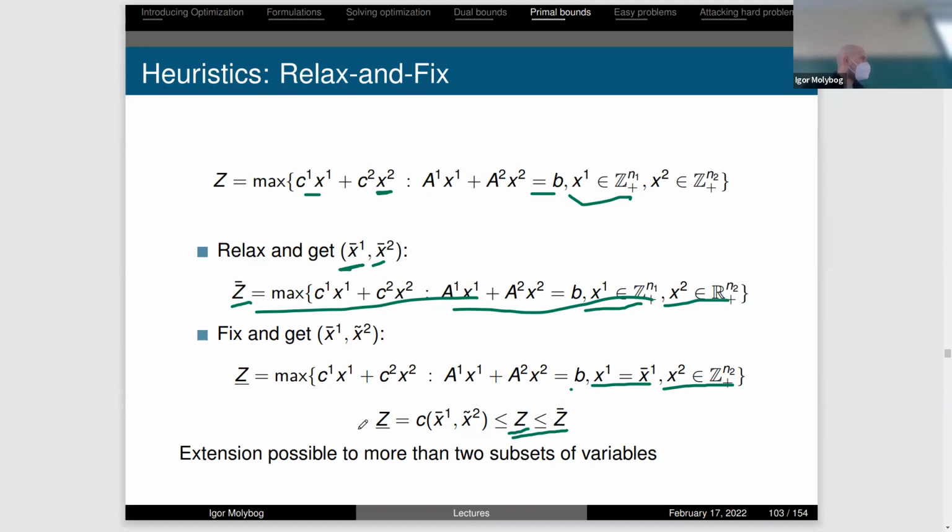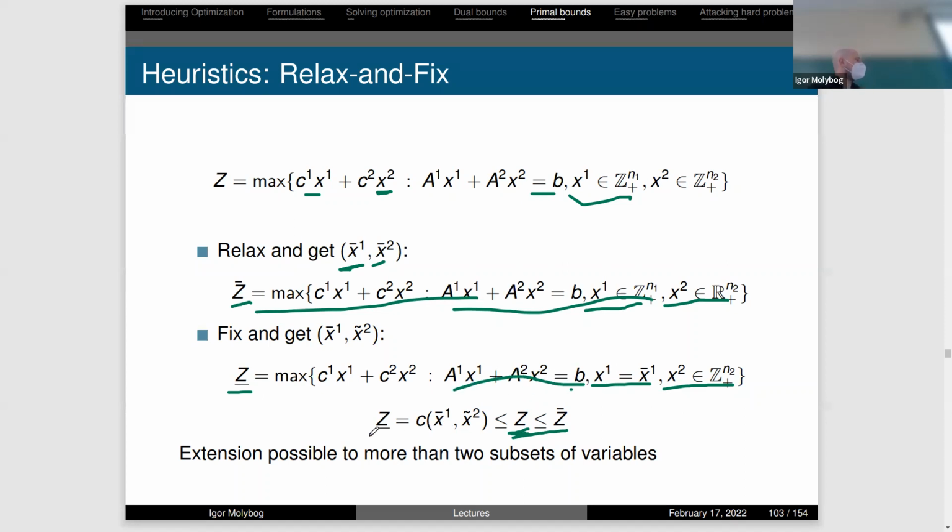The value of this new problem is going to be called z underline, and first of all, it must be smaller than the value of z, just because if there is a solution to this problem, then all of the variables must be integral. x1 and x2 both must be integral, and all of our constraints must be satisfied.